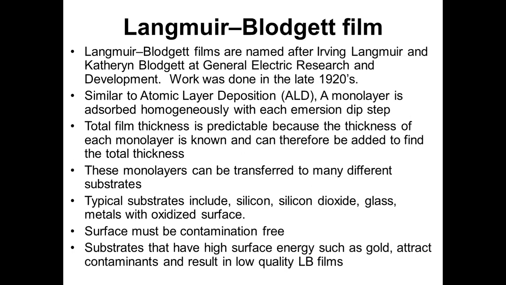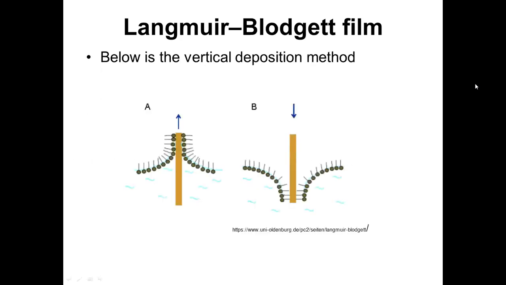Substrates that have high surface energy, such as gold, attract contaminants and result in low quality Langmuir-Blodgett films. So this is the vertical deposition method, and the substrate is represented by this color, I guess gold here, as far as I can see what it looks like. We have an aqueous solution below this line, and basically what we can do is draw the substrate through the surface tension, or we can insert the material through the surface tension.